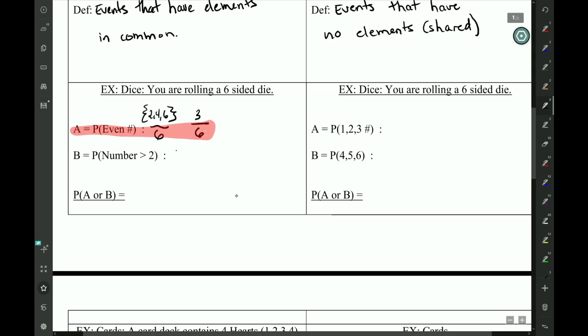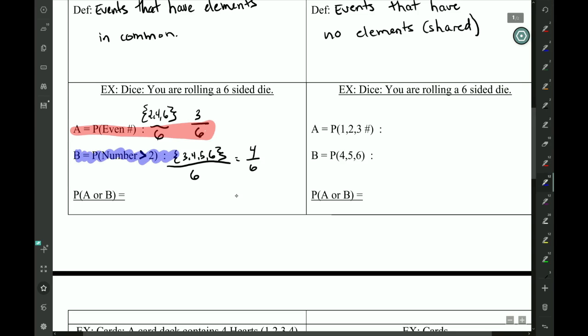Let's think about the numbers strictly greater than 2. That's 3, 4, 5, 6 over 6. So it's really 4/6.